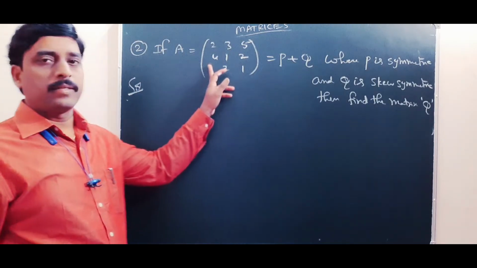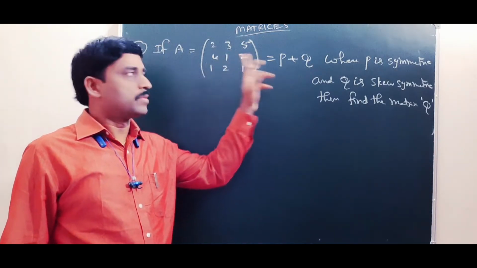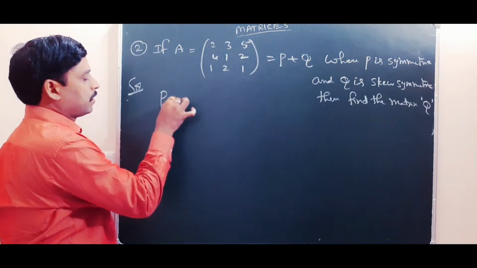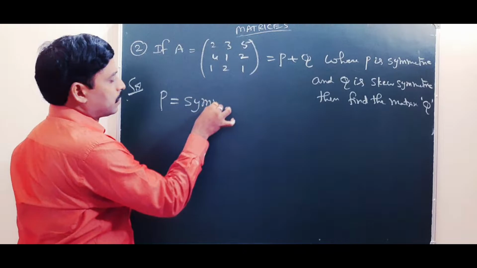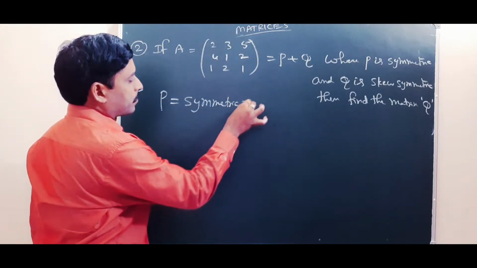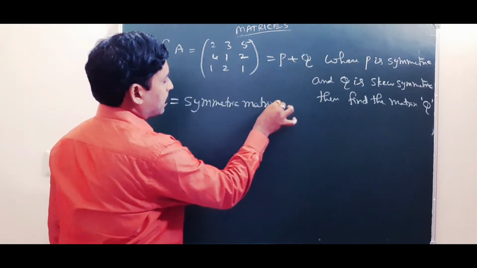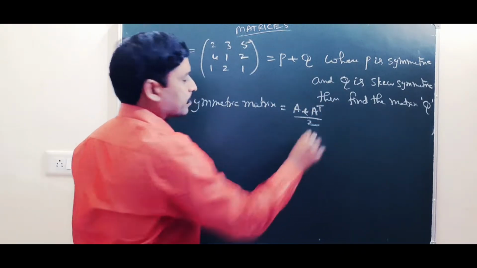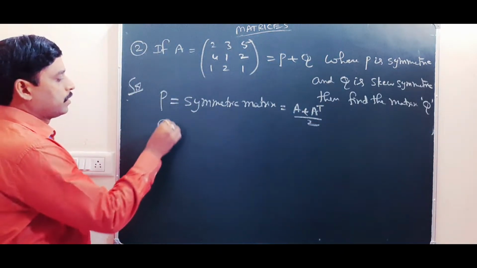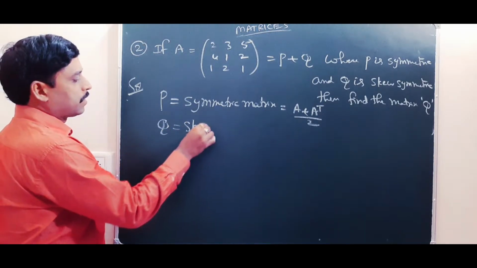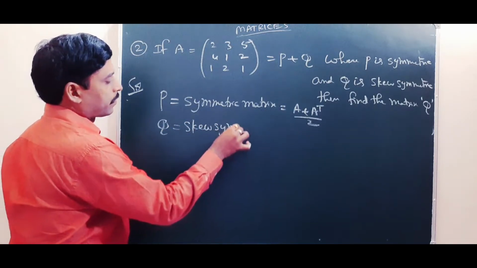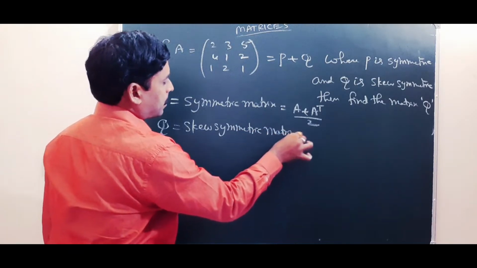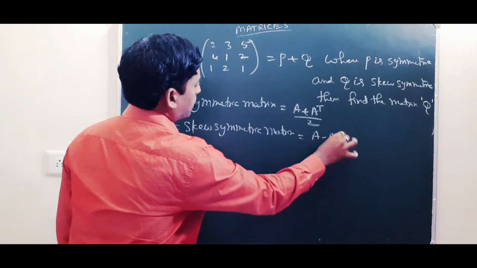Any square matrix is uniquely expressed as the sum of a symmetric and a skew symmetric matrix, where P, the symmetric matrix, is (A plus transpose of A) by 2, and Q, the skew symmetric matrix, has the formula (A minus transpose of A) by 2.